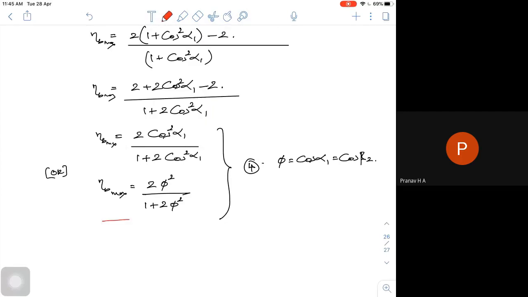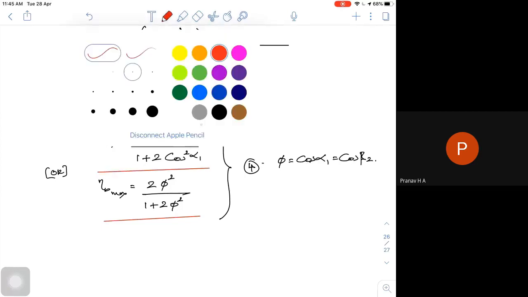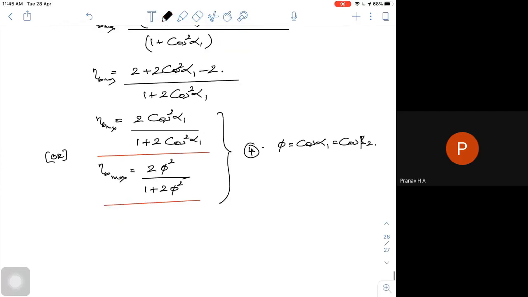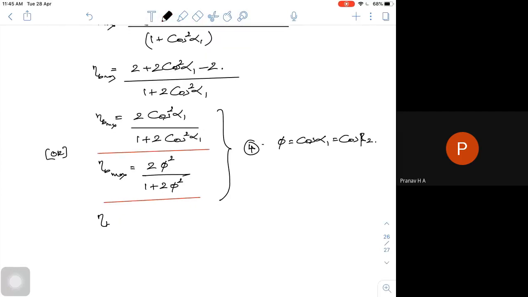Maximum blade efficiency is equal to 2 phi square by 1 plus phi square, or equal to 2 cos square alpha 1 divided by 1 plus 2 cos square alpha 1, or I can write in terms of beta also: 2 cos square beta 2 divided by 1 plus 2 cos square beta 2.